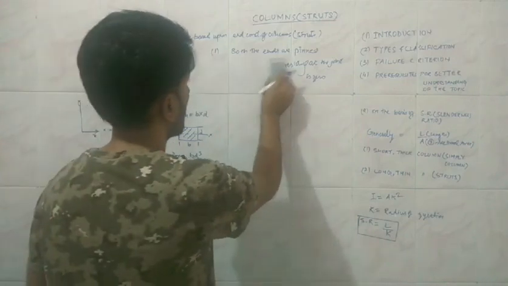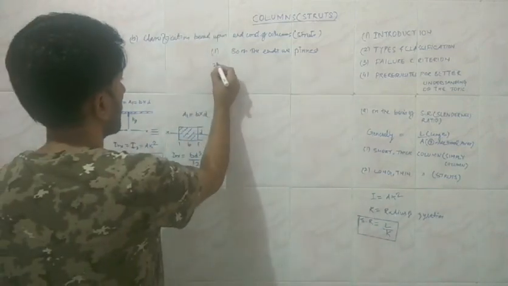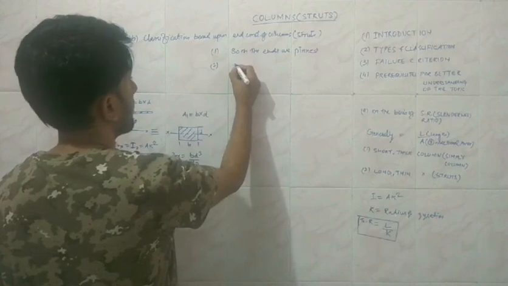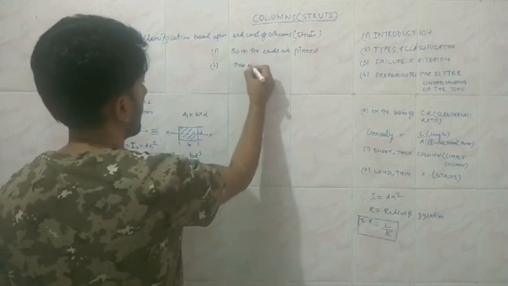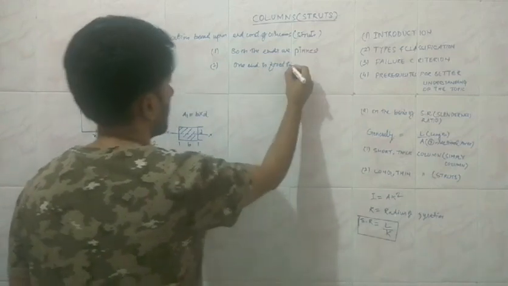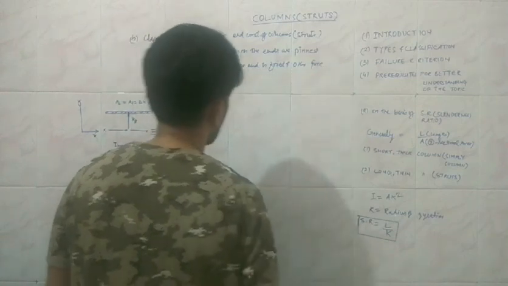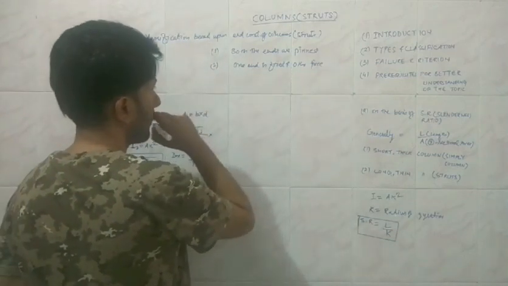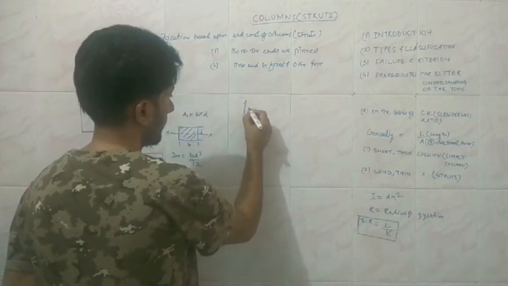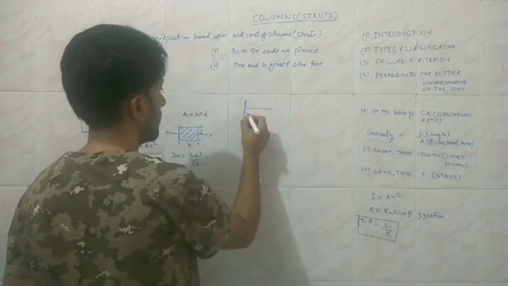So when both the ends are pinned, that is one category, and another is when one end is fixed and the other free. One more important thing to remember: if one end is fixed, then we are going to have a fixing moment over here.